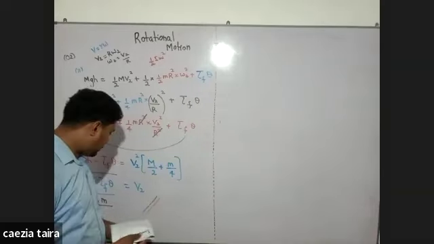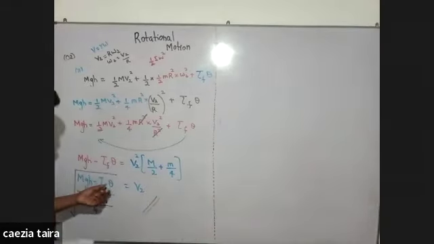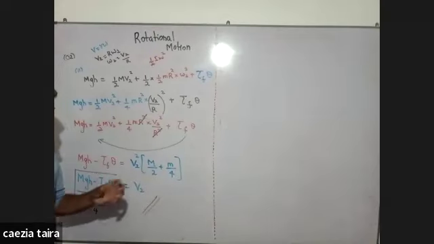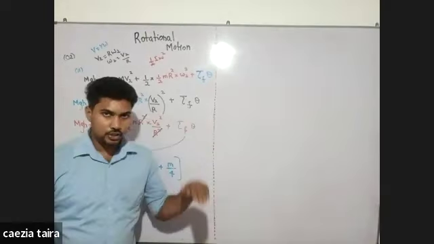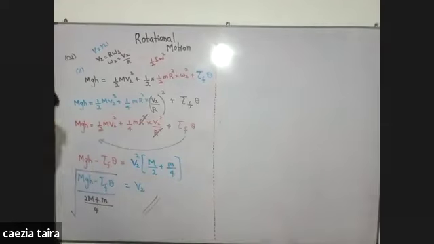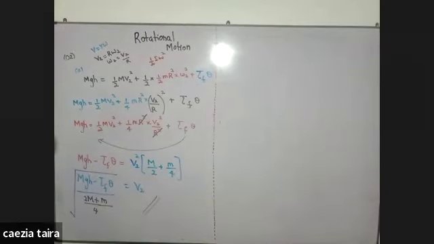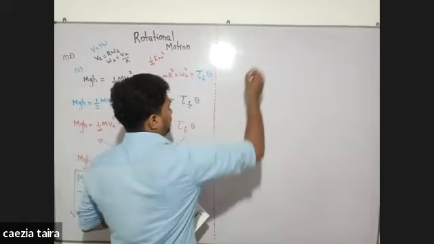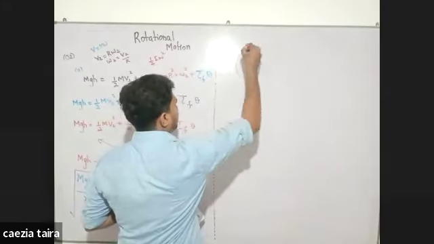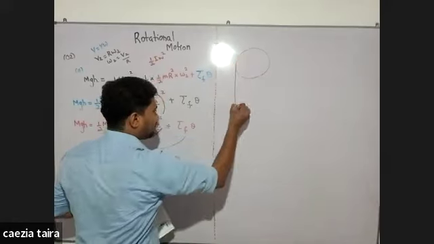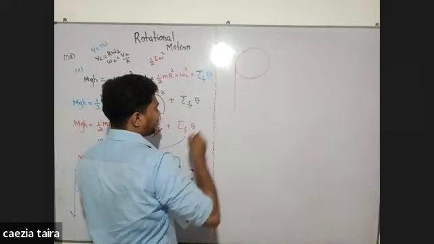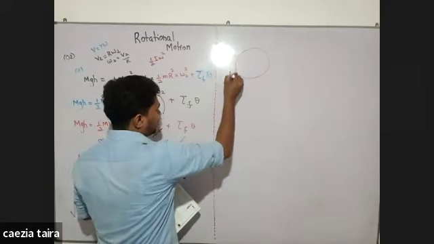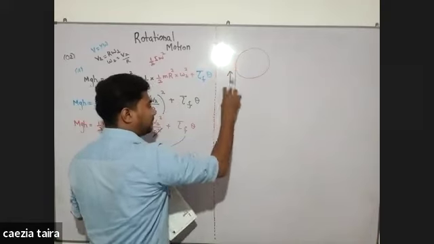Now in this expression we can substitute theta by considering h and the radius of the pulley. The distance h the capsule moves down is its linear displacement.